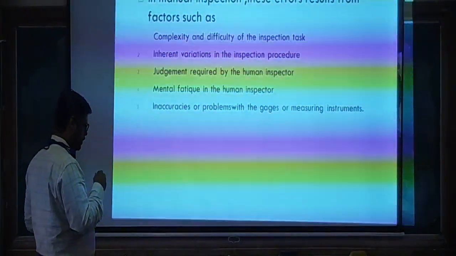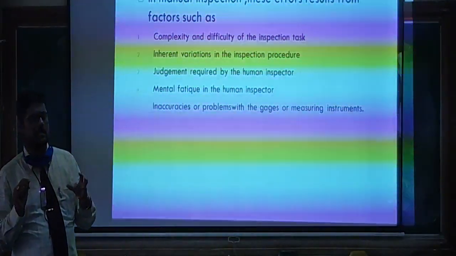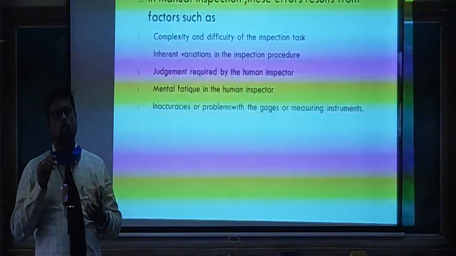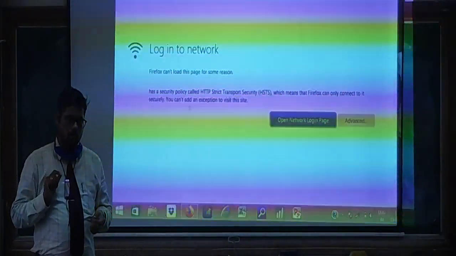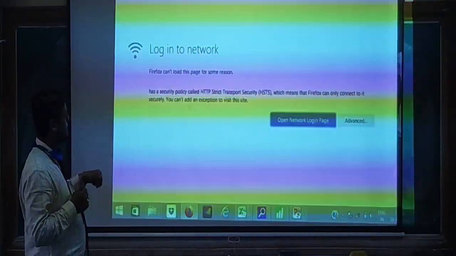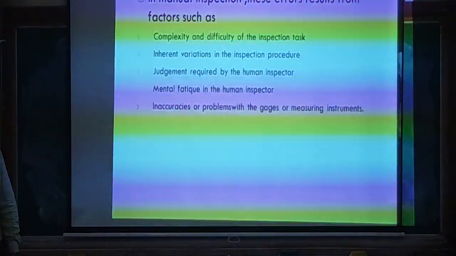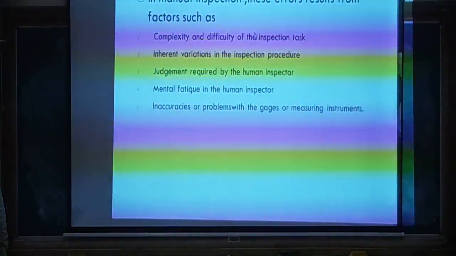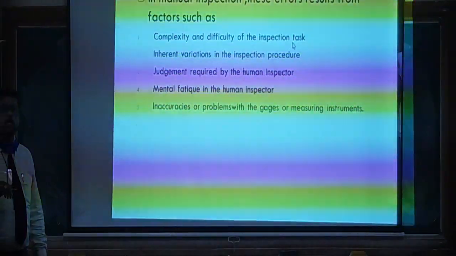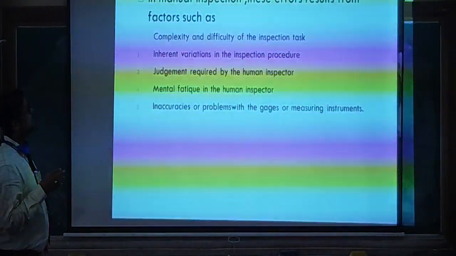Some drill holes are there in that particular manifold, and if you want to go for the inspection, if you want to check the hole with respect to some datum, say the positional tolerance is given, in that particular case, your complexity increases. The complexity and difficulty in the inspection task increase. You can't measure that particular part correctly in manual inspection.